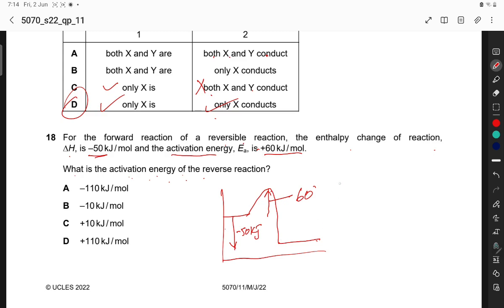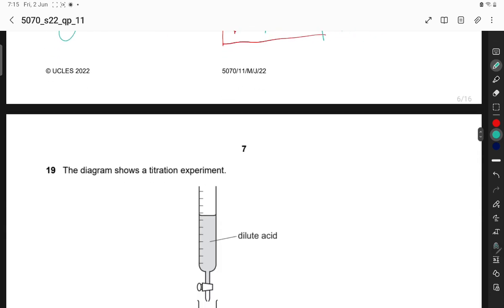This is the activation energy for the reverse reaction, so 60 plus 50 is equal to 110 kilojoules per mole. That is the correct option.